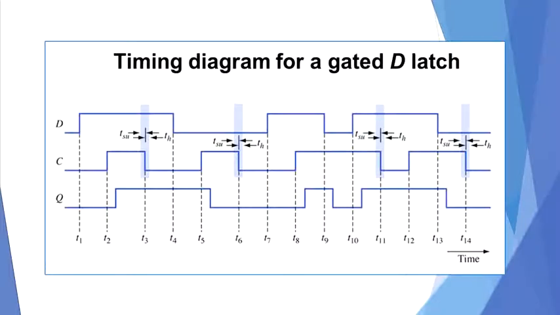As per the function table of the D latch, the output Q will follow the input signal at the D terminal whenever the enable input is equal to 1, or C is equal to 1. Whenever C is equal to 0, the changes at the D terminal are ignored and the Q output retains the previous state. To achieve this operation, constraints are normally placed on the time intervals between the input changes.